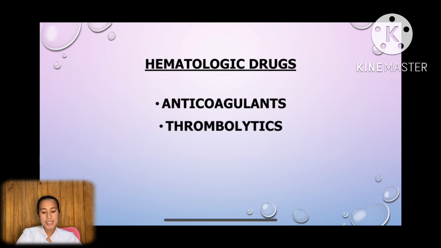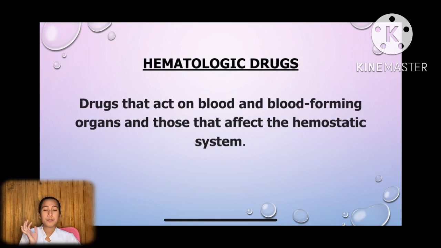The first one is the anticoagulants and the thrombolytics. So they belong to hematologic drugs. Before I proceed, hematologic drugs are drugs that act on blood and blood-forming organs and those that affect the hemostatic system.